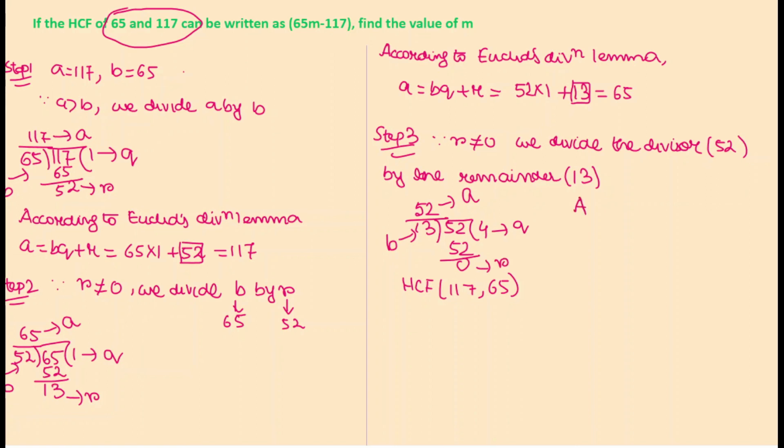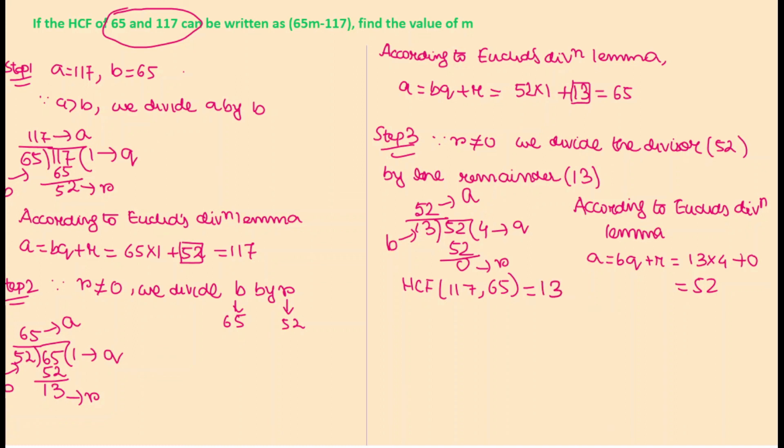Okay, of course, according to Euclid's division lemma, we can write A equals BQ plus R. So B is 13 into 4 plus 0, so 52. So the HCF of 117 and 65 will be the value of the latest divisor, that is 13.